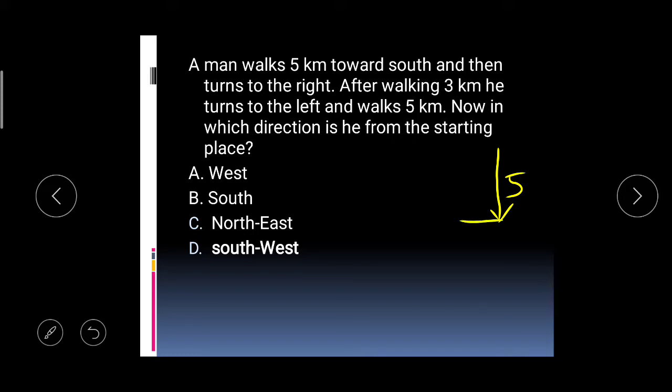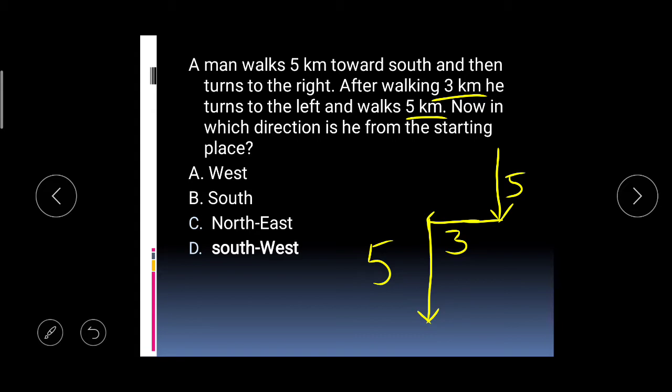After walking 3 kilometers, that means this distance is 3, he turns to the left. So, he is turning left, and he is again walking for 5 kilometers.